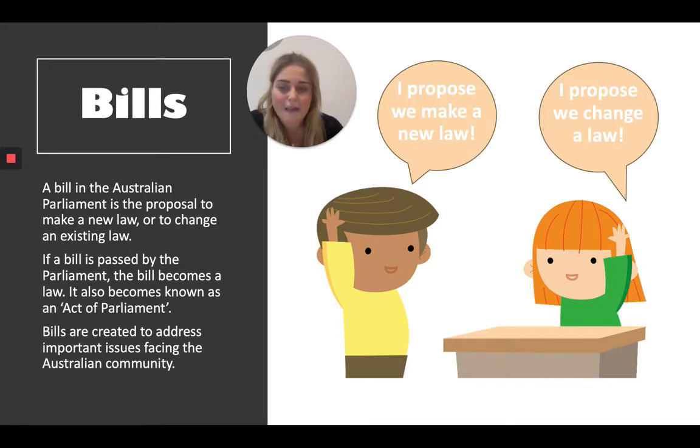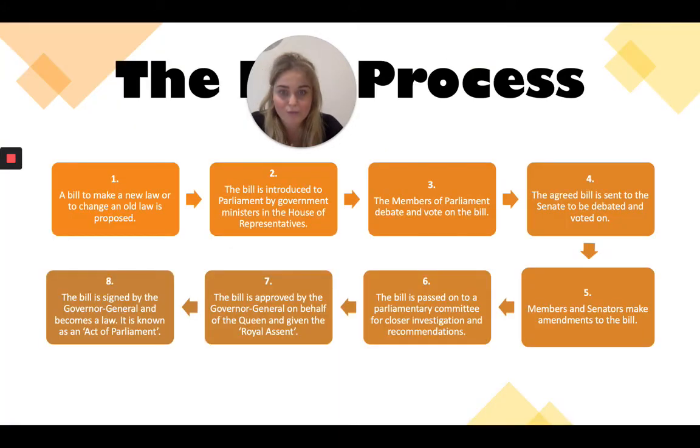And if a bill is passed by the Parliament, the bill then becomes a law. It also becomes known as an Act of Parliament. So bills are created to address important issues facing the Australian community. So whether we propose to make a law or change a law, they're both bills.